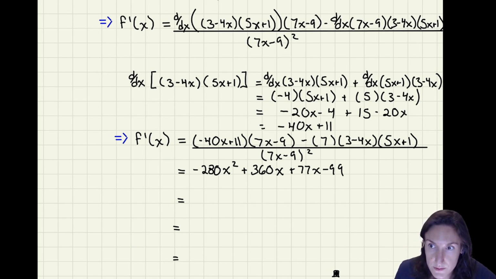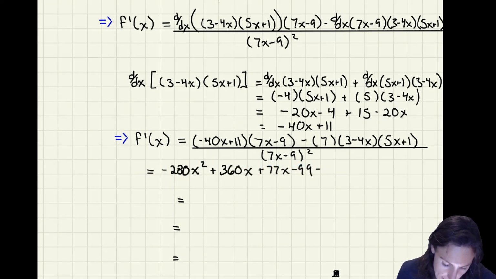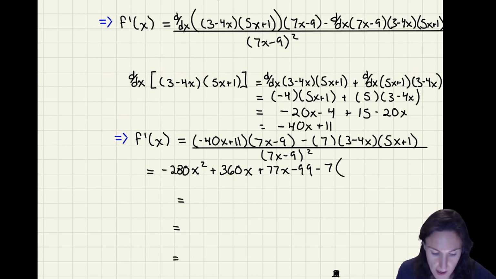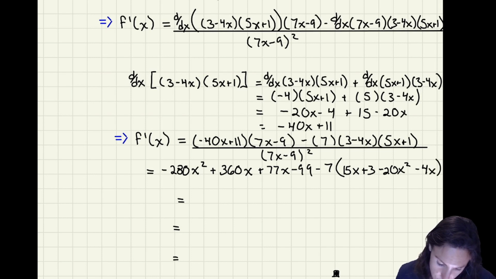And now I feel like I'm going to run out of some room here. So let me move this over a bit. Now, minus, what I'm going to do is I'm going to leave minus 7. I'm going to put brackets, and I'm going to expand these two terms first. So I have 15x plus 3 minus 20x squared minus 4x.